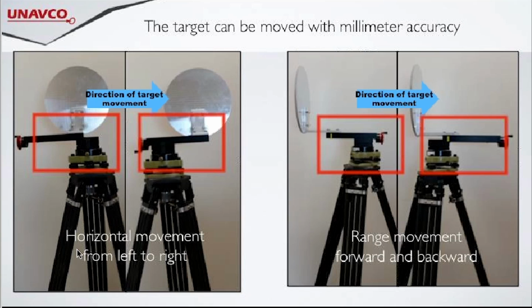So we scanned our target, then we moved it to the left 1 centimeter, or we scanned our target 5 times, and then we moved it over, and we did the same thing. There was a total of 10 centimeters, 11 positions, sorry, for each test. And then we turned our target around the other way and tested the range.